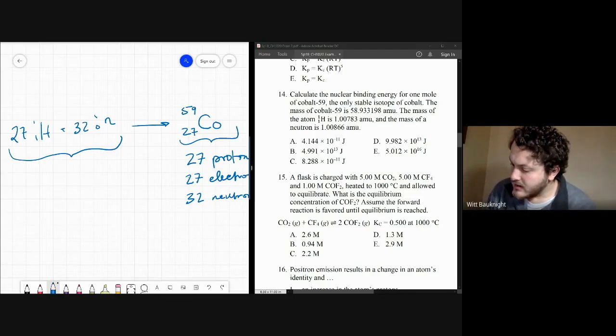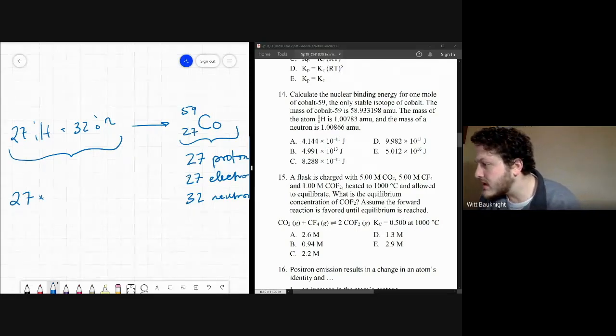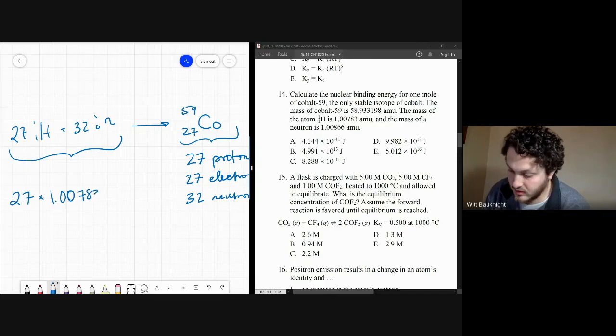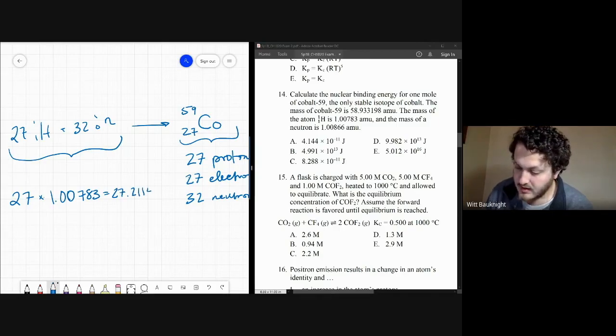The mass of a single hydrogen is said to be 1.007825. And when we multiply that together, we get 27.2114. And we have 32 neutrons.